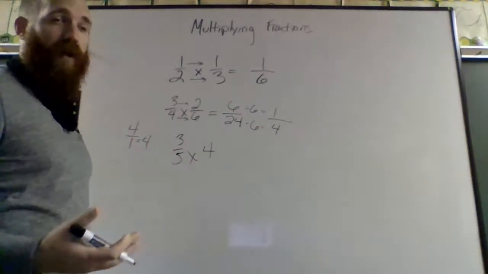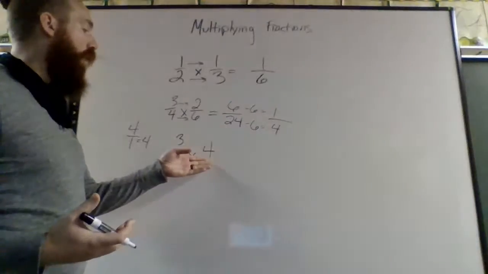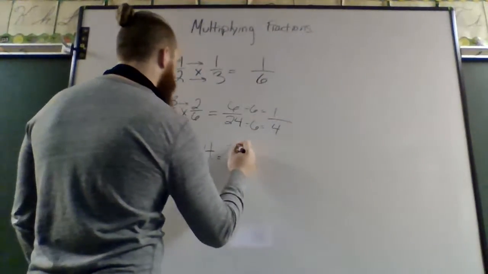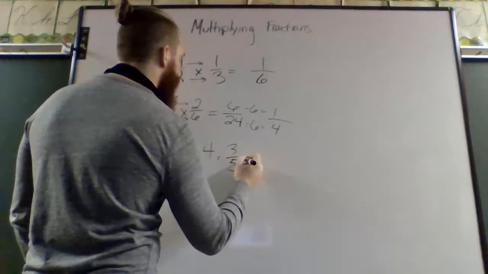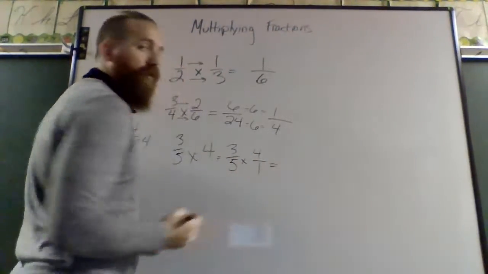Everybody agrees with that, right? 4 divided by 1 is still 4. So when you have a whole number, 4, what you need to do then is just put that whole number over 1. So this would turn into 3/5 times 4/1, and then you can multiply.